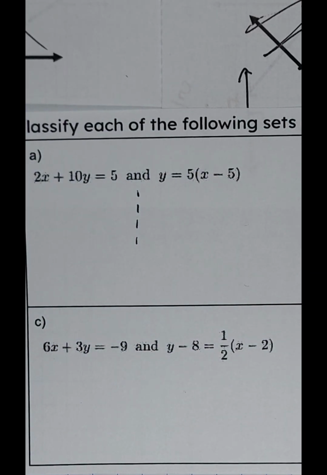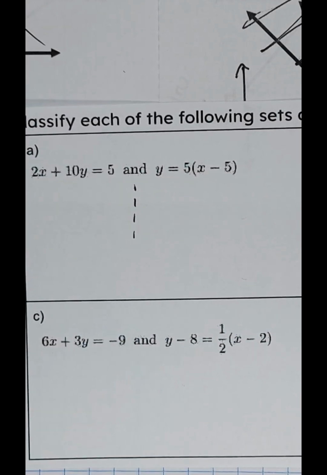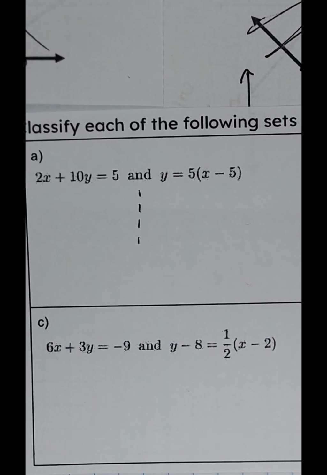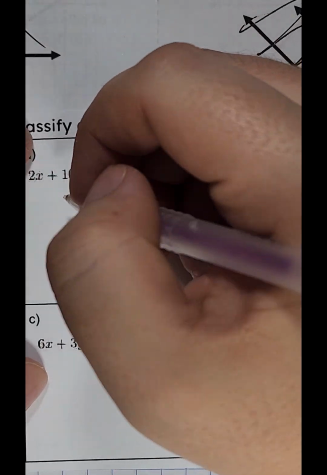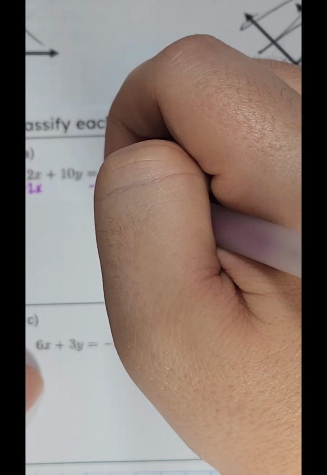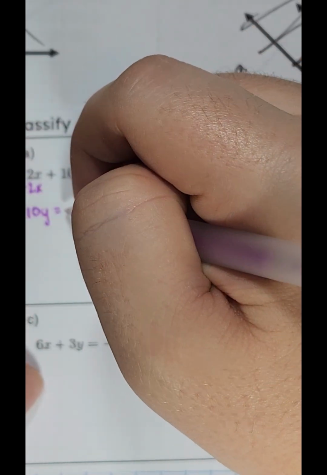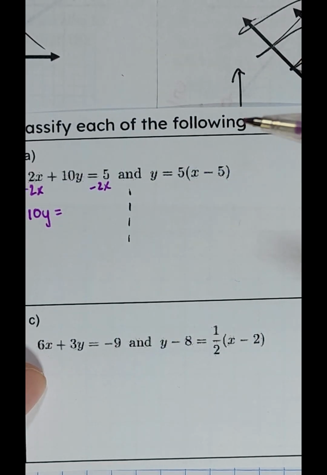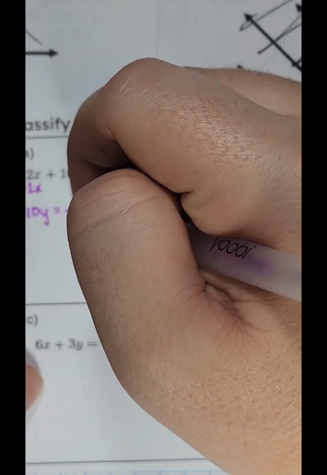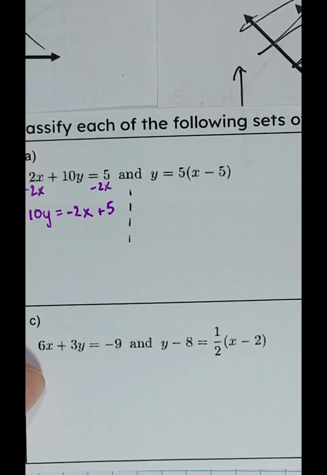So for our equation on the left, we have 2x plus 10y equals 5. The easiest way to find slope here is to convert it to y equals mx plus b. So to do that, I need to subtract 2x from each side. That gives me 10y equals, you can either write this as 5 minus 2x, or you can rearrange it here and do negative 2x plus 5.